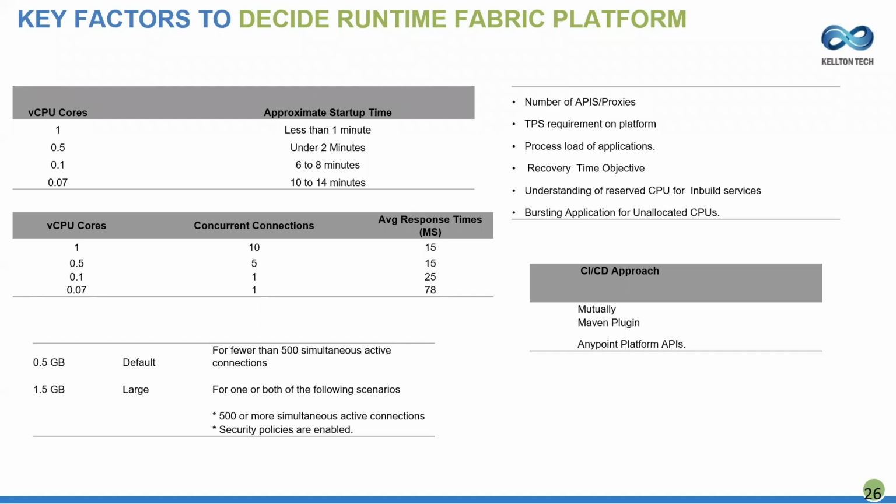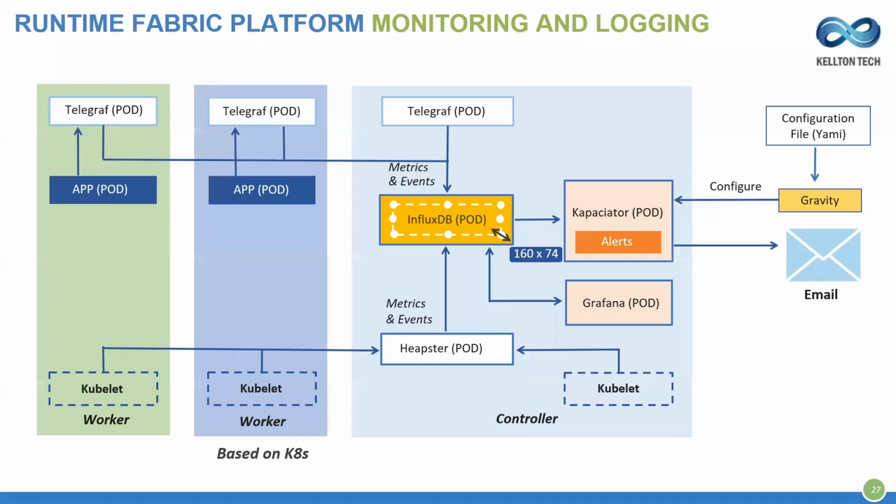We can see here the number of APIs, proxies, TPS requirements, recovery time objective, understanding of reserved CPU, or manual or Maven configuration. All need to be very carefully configured or analyzed before moving to Runtime Fabric to deploy MuleSoft applications.